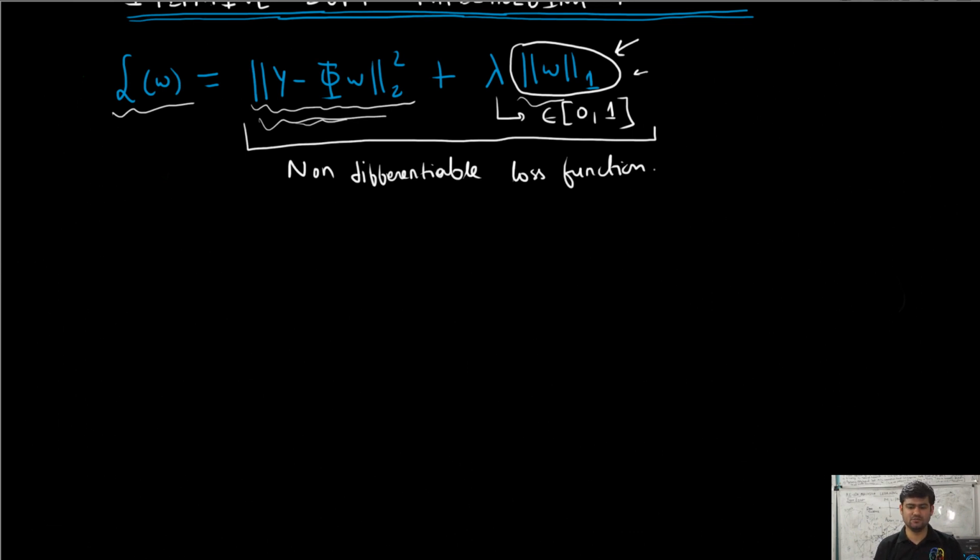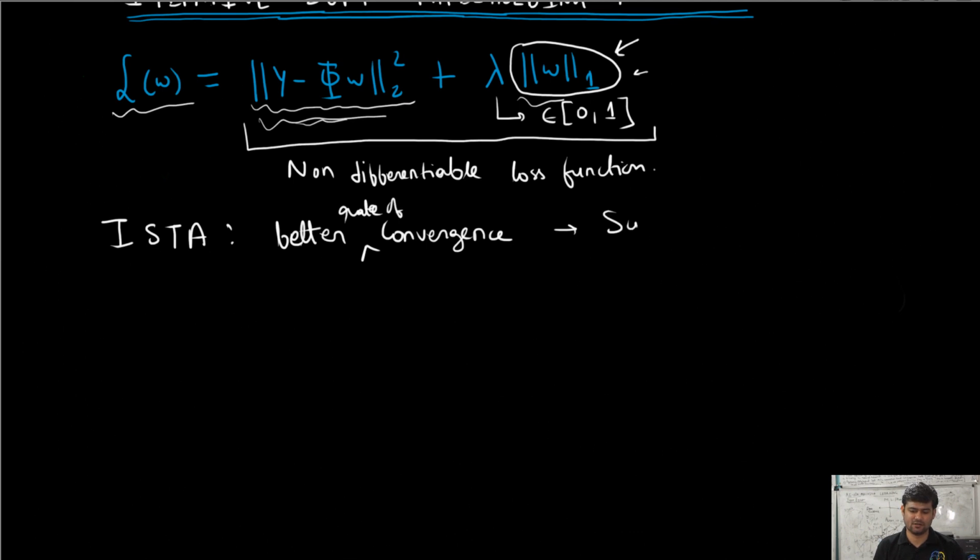And now we are going to discuss an algorithm known as ISTA, which tends to have better rate of convergence as compared to the subgradient descent algorithm. So ISTA typically has better rate of convergence as compared to the subgradient descent algorithm.